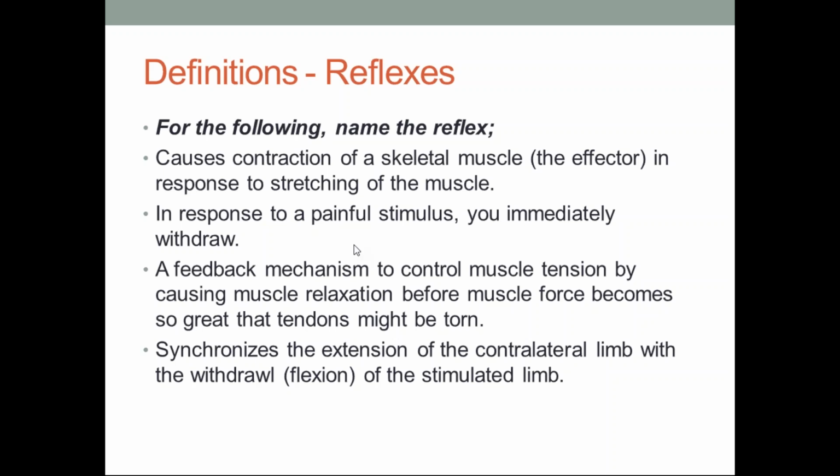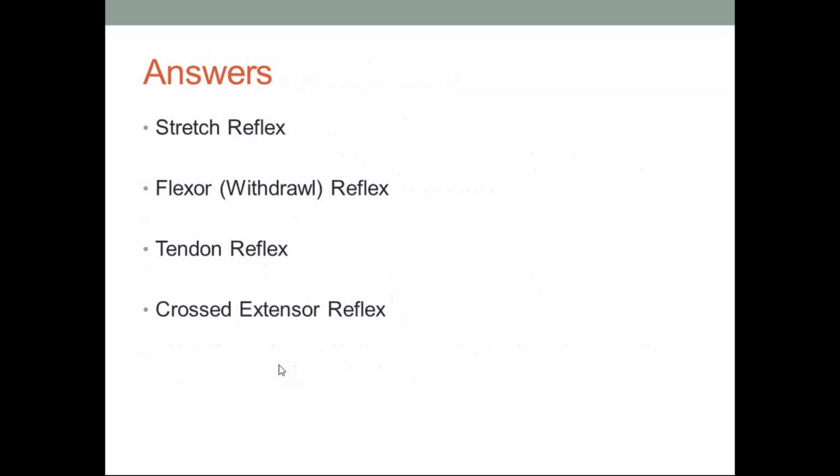No, that was the painful stimulus. This is the other one, contralateral, right? So you step on the tack on the left side, you need a contralateral to stimulate the right side to catch you so you don't fall down. Okay? So we have the stretch, the flexor, the tendon, and the crossed extensor.